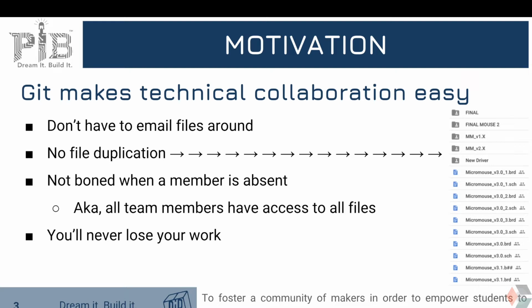Regardless of who is absent, you will be able to be productive. Finally, it keeps your work safe, so to speak. It keeps a history of your project, such that if you really mess something up or otherwise want to return to a previous state, you can easily do that. So there's no fear of things breaking or being lost somewhere because everything has multiple and consistent backups.